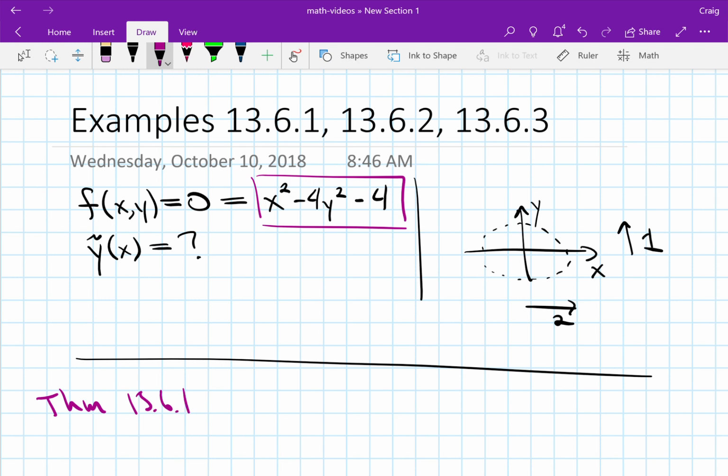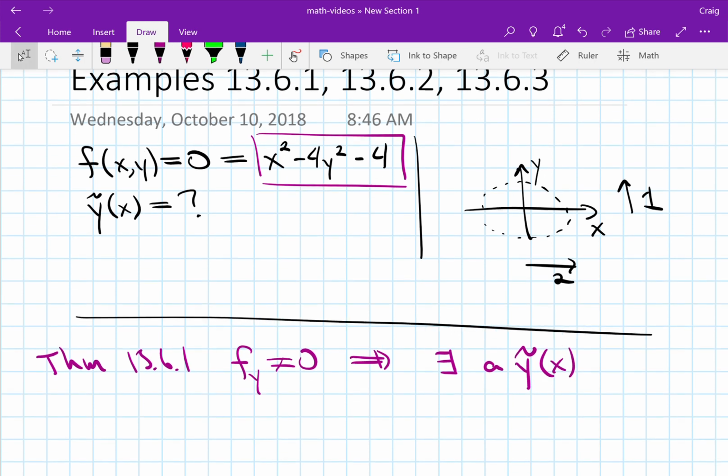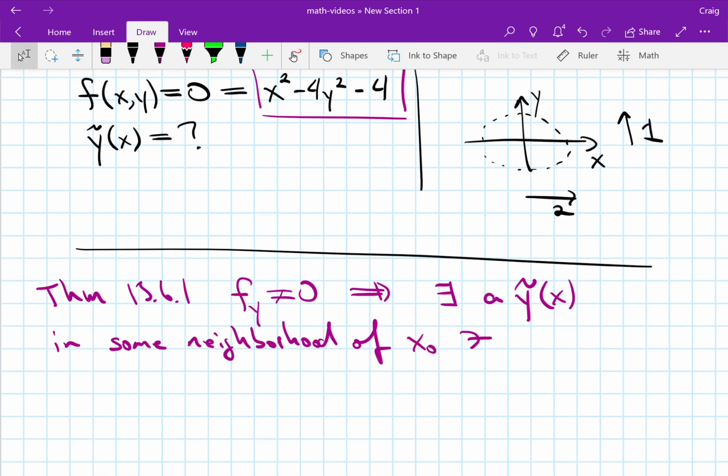(13.6.1) basically says that if the partial of f with respect to y is not equal to 0, then we're guaranteed, let me write it more formally, there exists a y tilde of x in at least some neighborhood of x naught, such that if I evaluate the constraint function, it's satisfied.